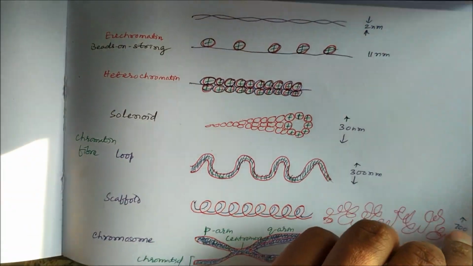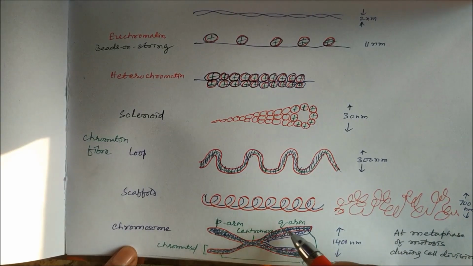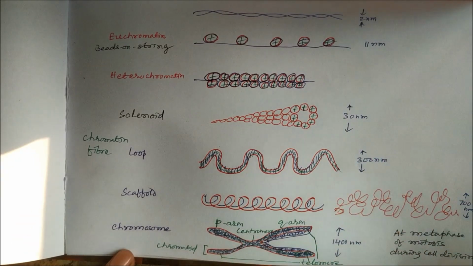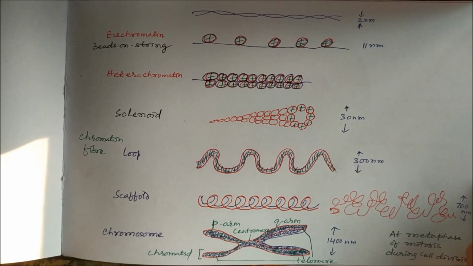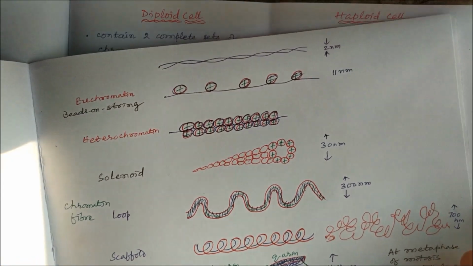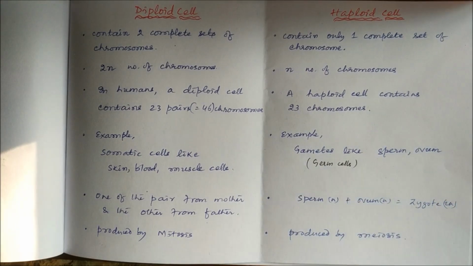But during cell division, the condensation results in the DNA remaining in the form of chromosomes, and we have two sets of chromosomes in a diploid cell. So the diploid cell contains two complete sets of chromosomes.